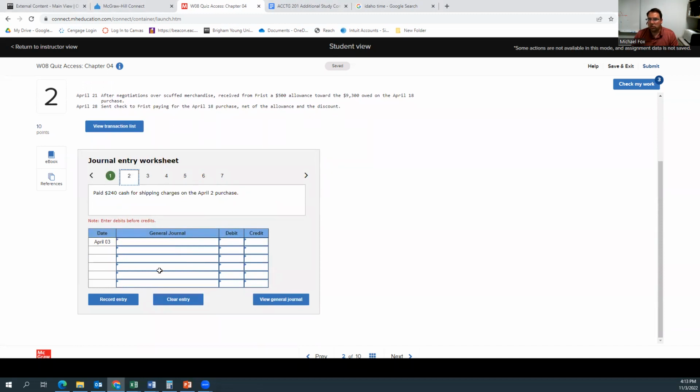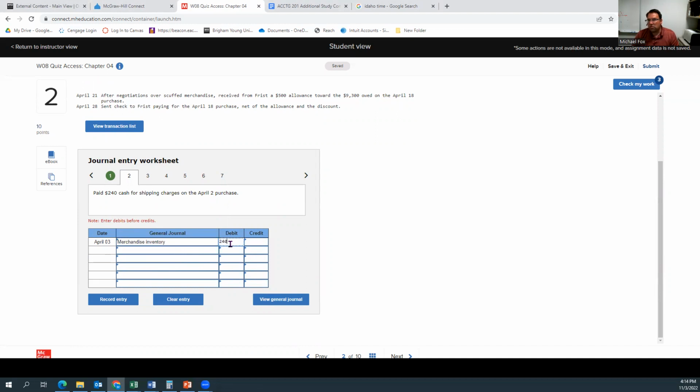We paid $240 cash for shipping charges on our April 2nd purchase. So when we're the purchaser, we're going to include those shipping charges as part of the cost of our inventory. So we're going to debit the merchandise inventory account. So again, that's an asset and we're increasing it.